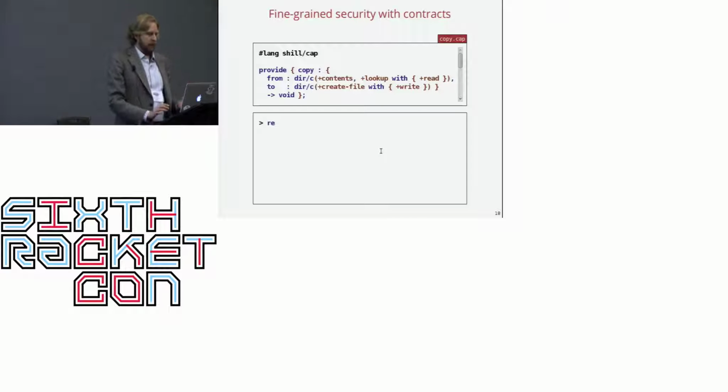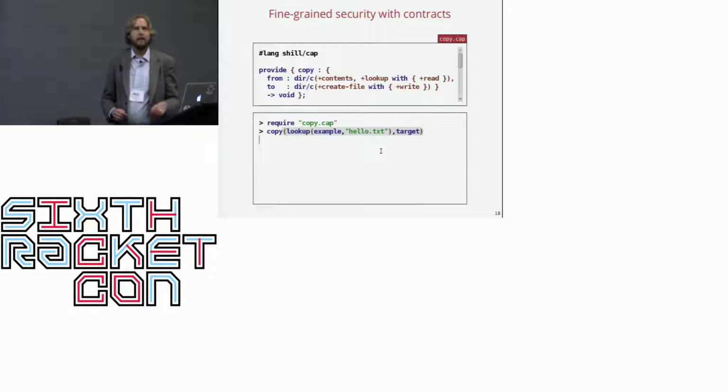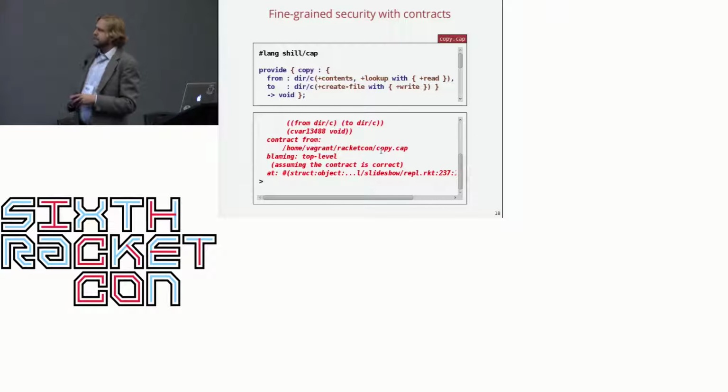And at a first pass, this works just like you're used to contracts in Racket working. So suppose that someone else wrote this copy function, and I was incorporating it into something I needed to get done. But for whatever reason, I decided that I was going to pass in a file instead of a directory.